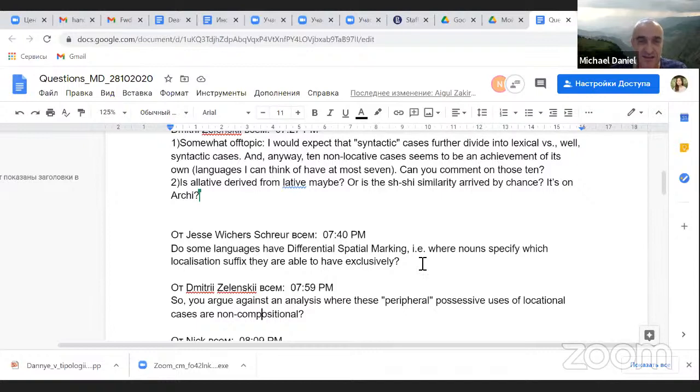Yes, there is a discussion of this in Kibrick's book on Archie. He says that not all nouns attach all localization markers, but of course there are some kind of specializations also, like especially abstract nouns like work, school, are neutrally combined with one localization, and some other words like village, for instance, neutrally combined with a different localization.